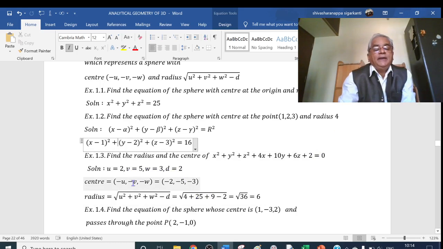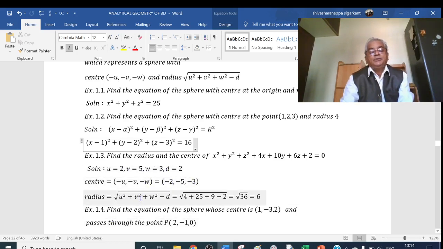Then the center is (−u, −v, −w), which is equal to (−2, −5, −3). And the radius is given by the square root of u² + v² + w² − d. This is the square root of 2² is 4, plus 5² is 25, plus 3² is 9, minus d, which is 2.